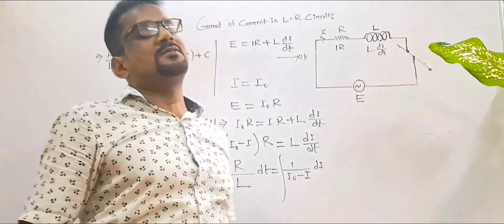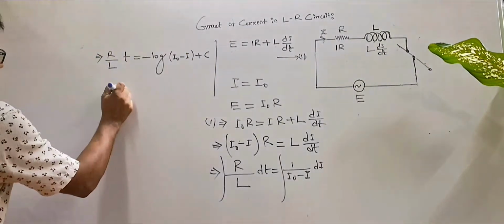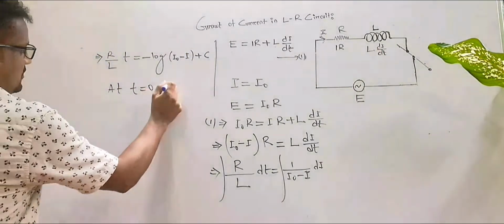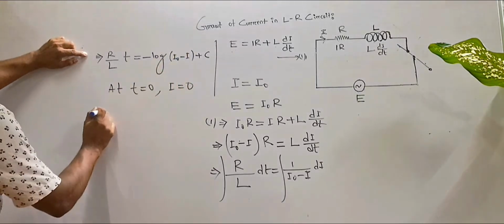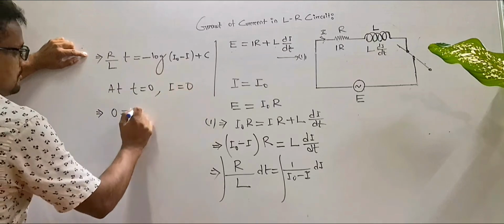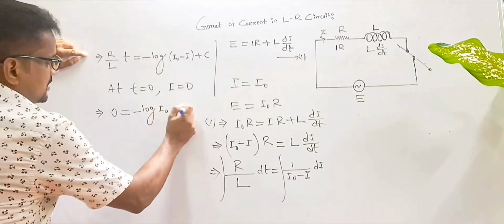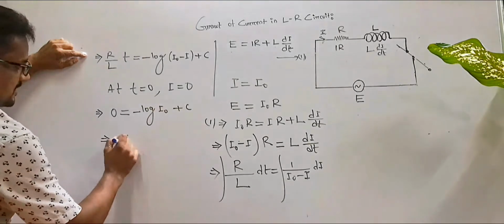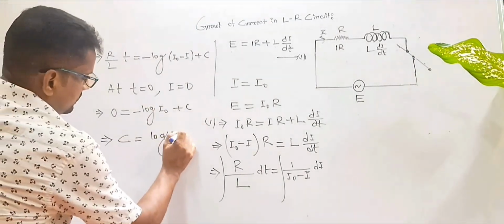That is the initial condition. So at t equals 0, I equals 0. Put the values here: 0 equals minus log of I naught plus c. So easily you can calculate c equals log of I naught.